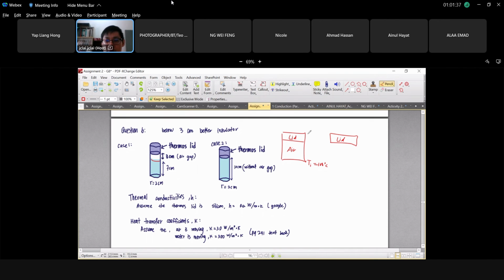And this point should actually be the top of the surface of the lid, T lid surface. Okay, better. Let's put point number 2 here. That is T ambient, right? Let's put it at 25 degrees Celsius.